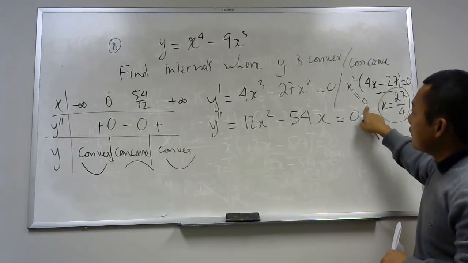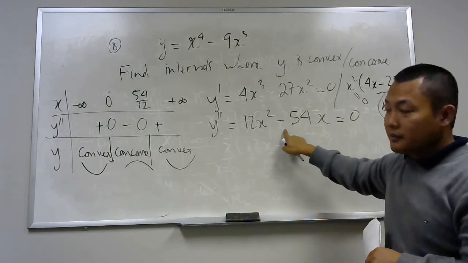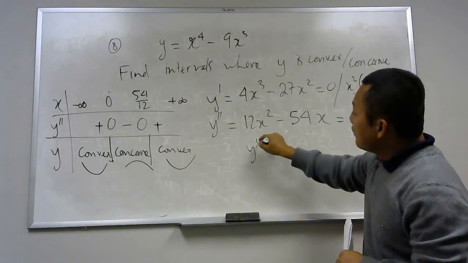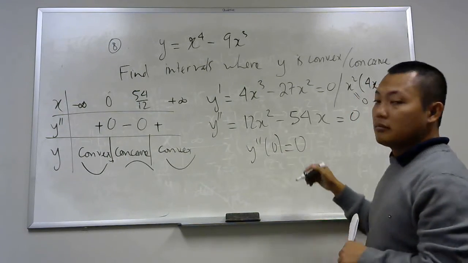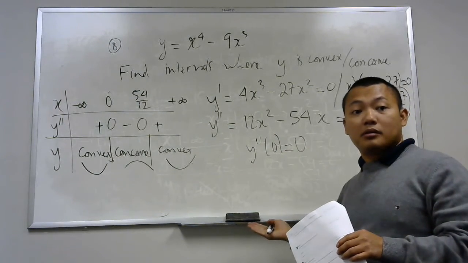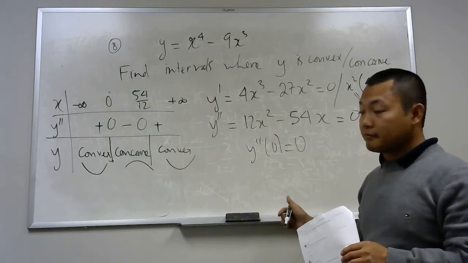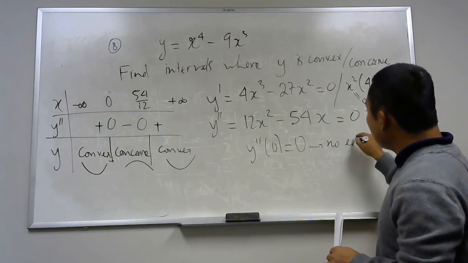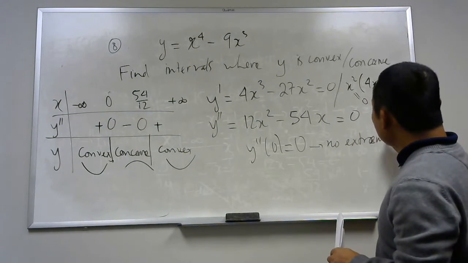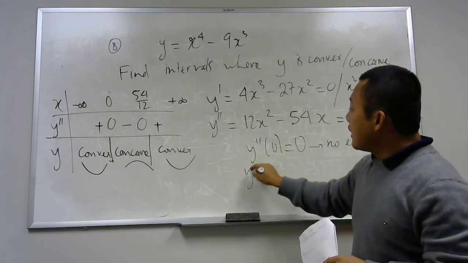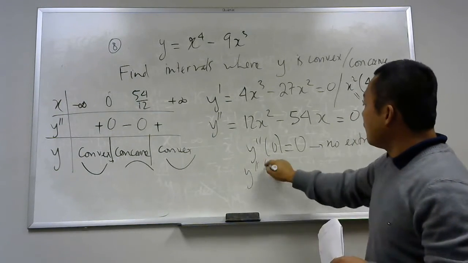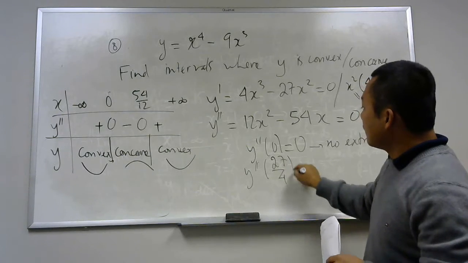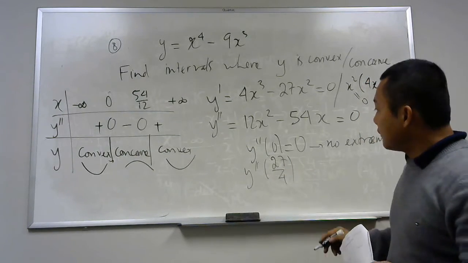I plug 0 into the second derivative. I see the second derivative at 0 is 0. That is the inflection point. No extremum over there. And then I plug 27 over 4 into the second derivative.